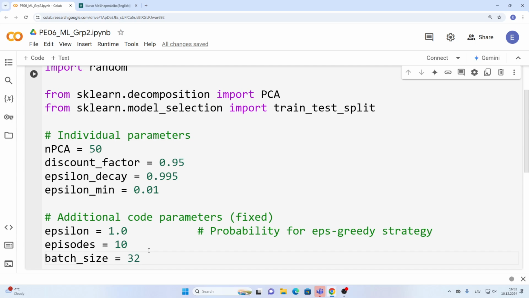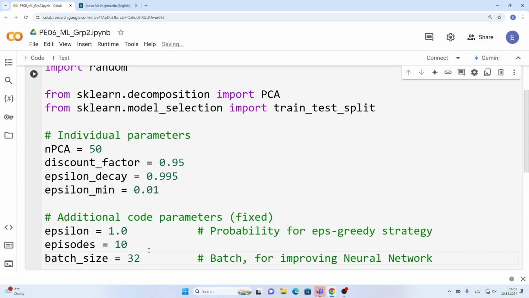So once you have 32 pictures, you are going to train, or we can say improve, your neural network. So every 32 pictures, we are going to improve the neural network. So a batch for improving the neural network. This is a regular neural network, not reinforced one, which we will use as a base of our algorithm.